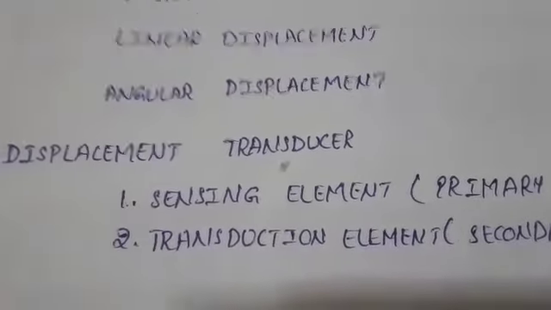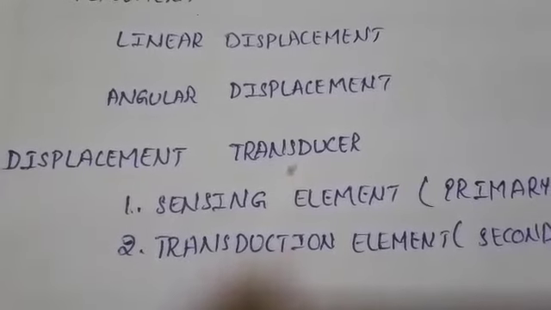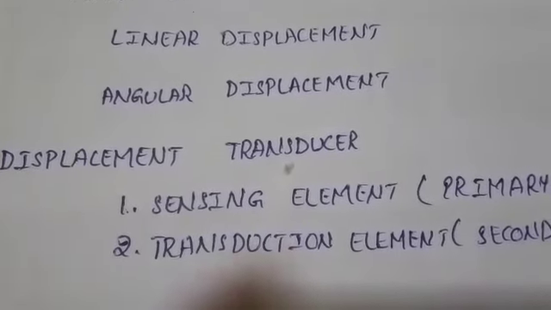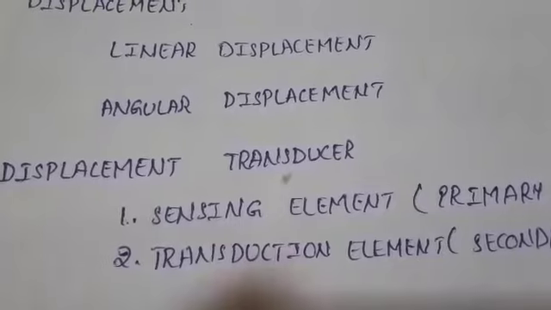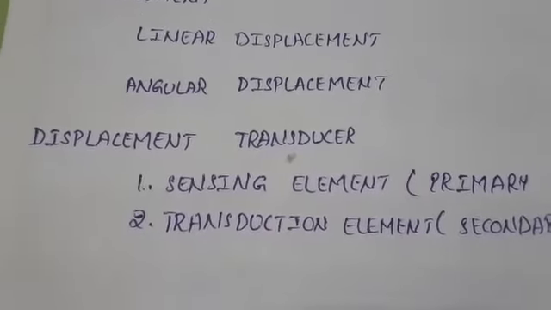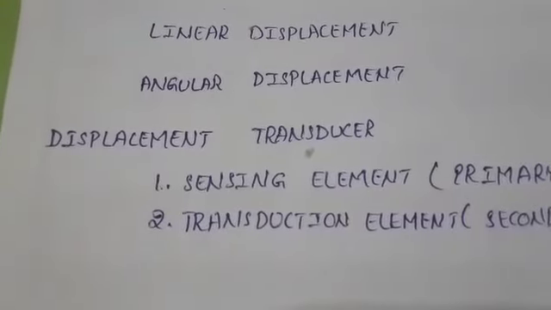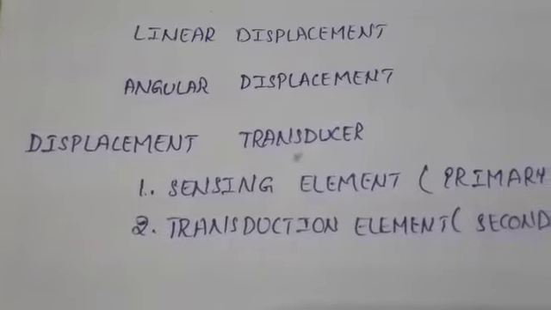Coming to the first one, the sensing element: the part of the transducer which responds to a physical phenomenon or a change in the physical phenomenon. Now the transduction element transforms the output of the sensing element to an electrical output signal.